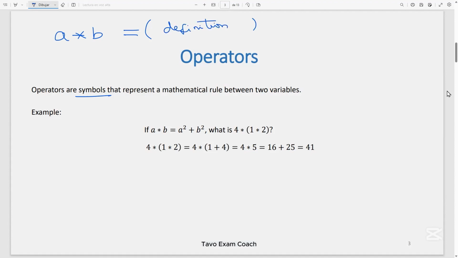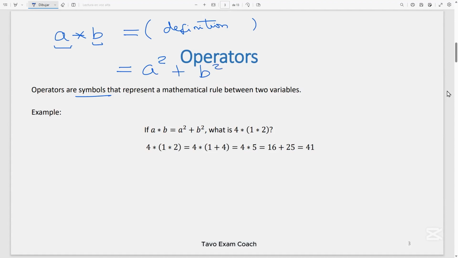A definition which would be a compound algebraic expression, using the placeholder variables A and B to represent two numbers. For example, we might say that this operation means taking the square of A, the first number or the left operand, and adding it to the square of the second operand.